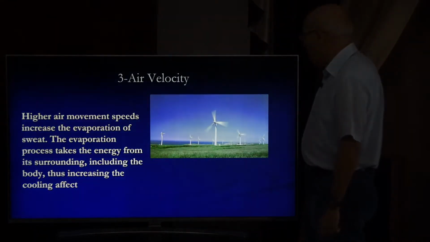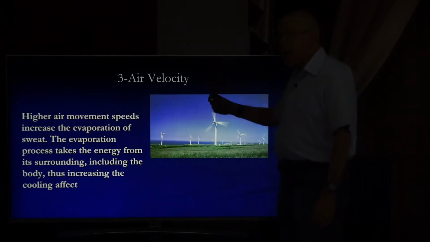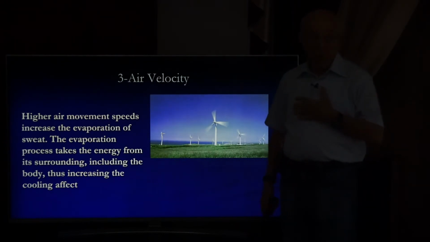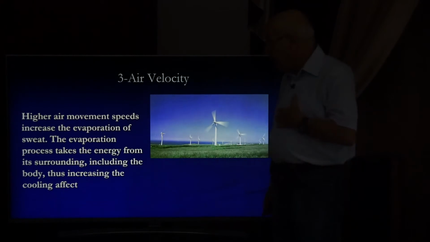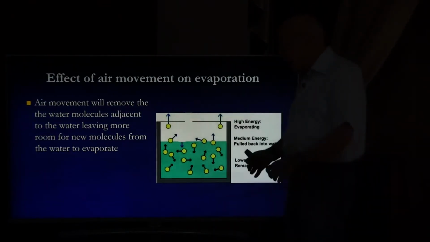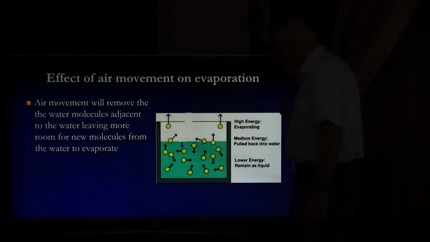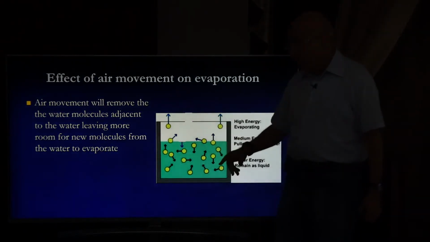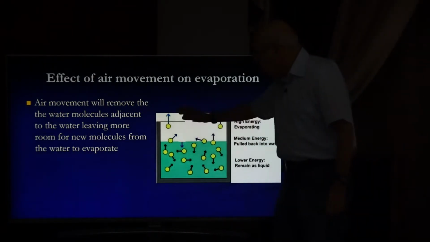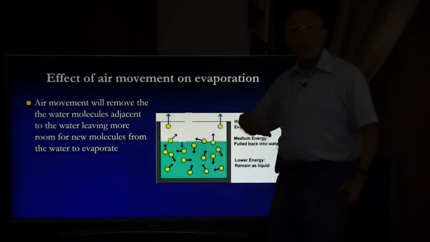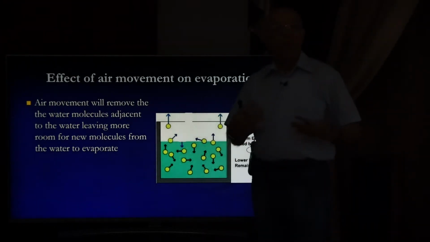Now we have the opposite effect when it comes to air velocity. Air velocity also affects how well we feel. If you go outside in a gentle breeze, you will feel cooler. And the reason is, same thing, evaporation. If there is some breeze in the air, it will take the molecules away from the sweat surface, allowing new molecules to evaporate from the sweat on your body, increasing evaporation and making you feel colder.